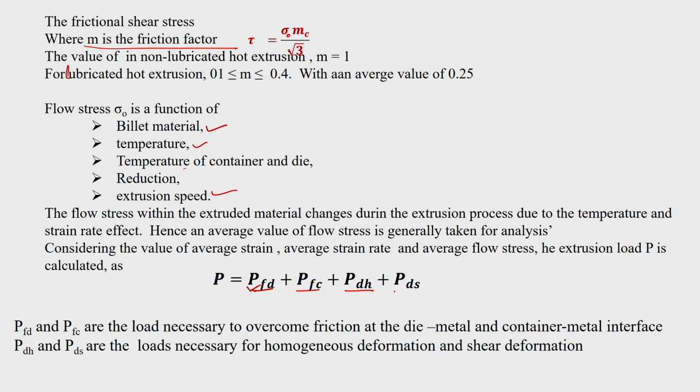Also, because there is a change in direction, there is going to be a shear deformation taking place. So, the total load depends upon these 4 factors, and let us now find out for each case how much it is coming.